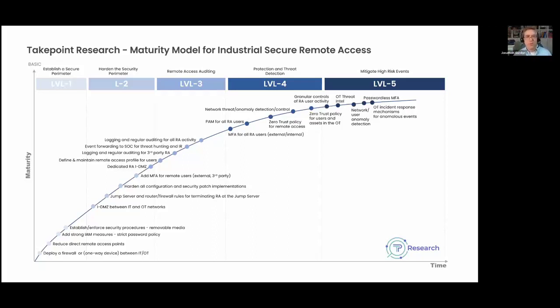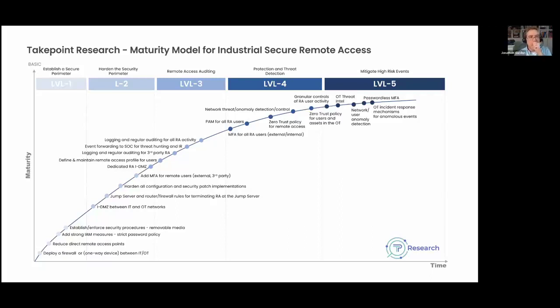So the model really encourages this tailored and customized approach, recognizing that the path to the high levels of maturity is based on contextual decisions and objectives, and of course, on each company's individual risk appetite as well.